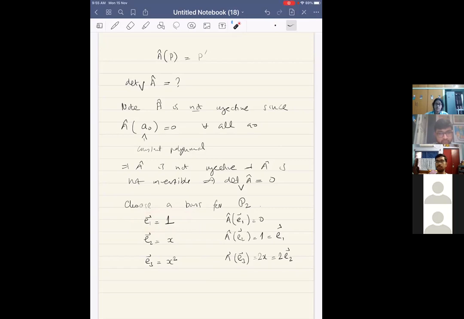So when I say 1, it is the constant function 1. E2 is the function x, the function whose value at every point is x itself. E3 is the polynomial x squared.